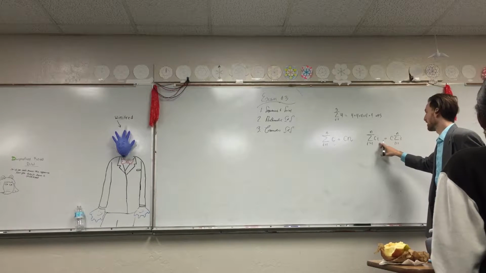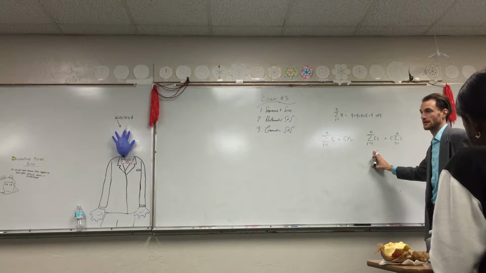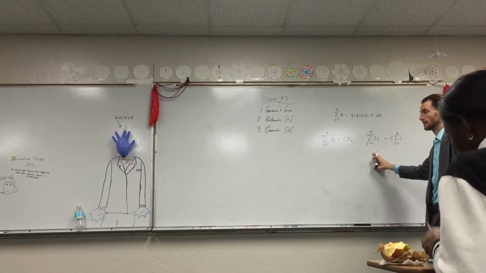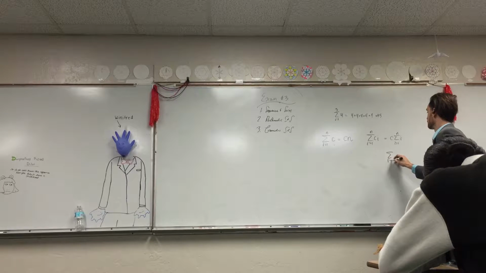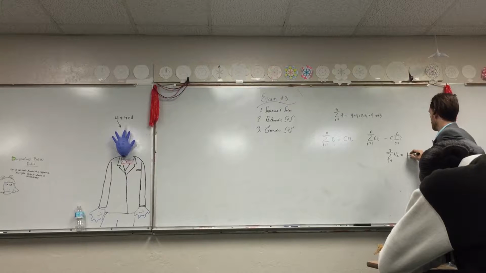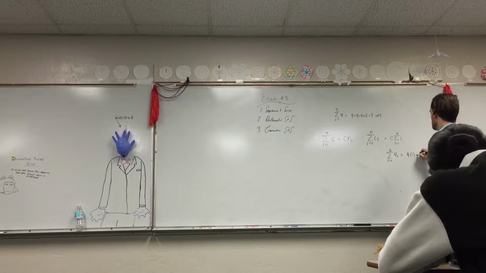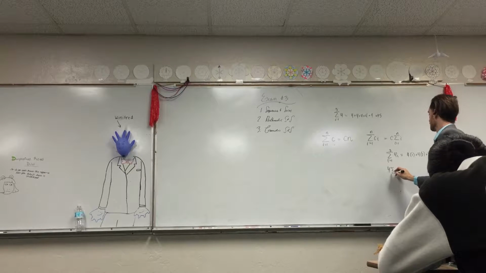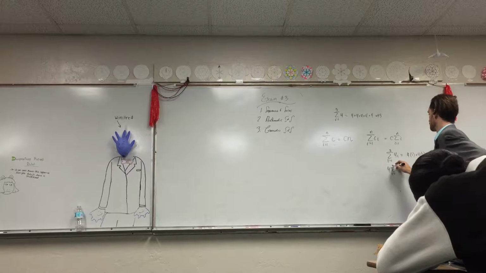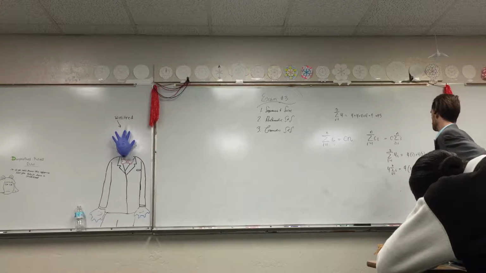If I have a constant, I can just pull it out to the outside. For instance, if I have the sum from i equals 1 to 3 of 4i, that's just 4 times 1 plus 4 times 2 plus 4 times 3, which would be the same thing as 4 times the sum from i equals 1 to 3 of i, which would be 4 times 1 plus 2 plus 3.